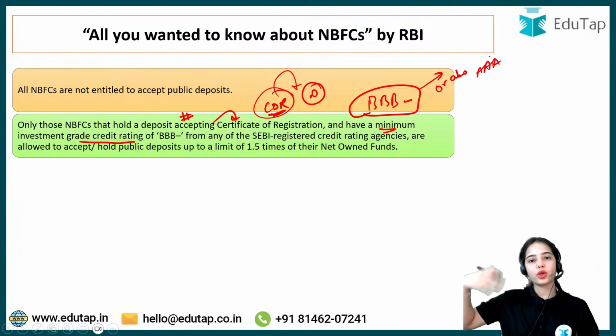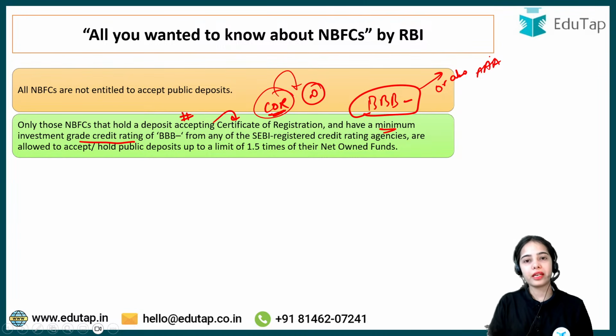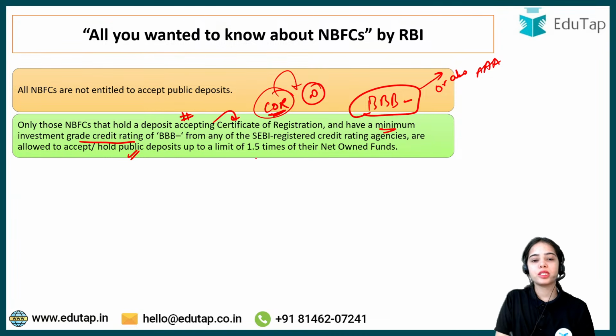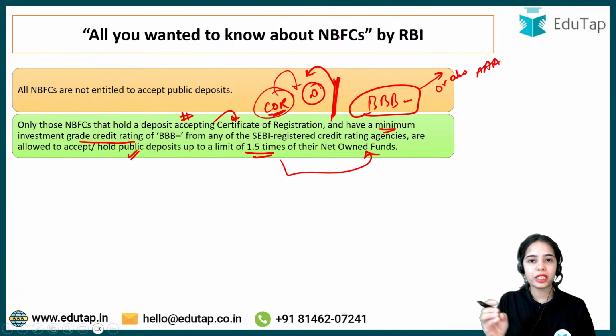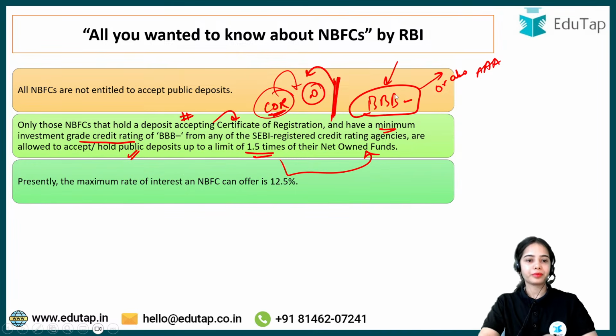Then they will be allowed to hold public deposits up to 1.5 times their net owned fund. So there are two requirements. First, they need permission from the RBI in their certificate of registration to take deposits. Second, their credit rating should be BBB minus or higher, okay.